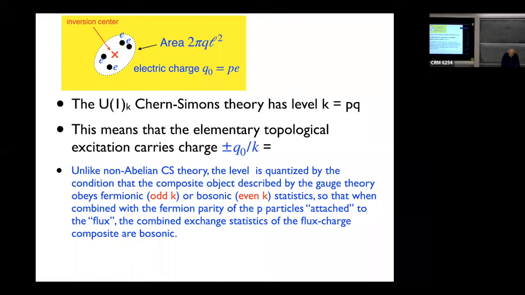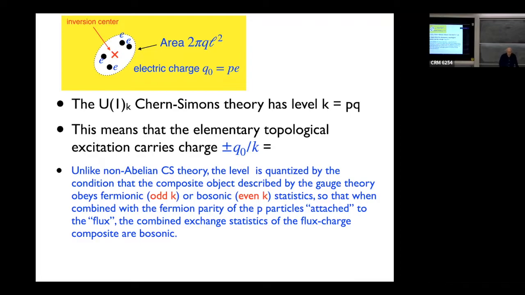So we know the ratio of p and q if we know the electronic filling factor, p over q. But if we know the charge of the elementary topological excitation of the theory, we know p and q independently. Okay, and as I say, the Chern-Simons theory level is actually the product of these two numbers.